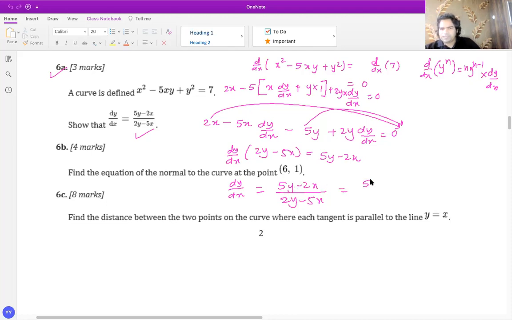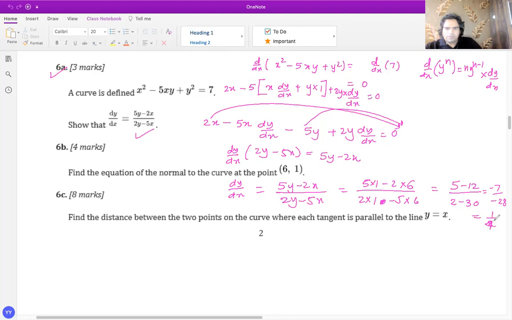So it'll be 5 times 1 minus 2 times 6 over 2 times 1 minus 5 times 6. So what we get is 5 minus 12 over 2 minus 30. So 5 minus 12 is negative 7 over 2 minus 30 is negative 28, which comes out to be 1 over 4.